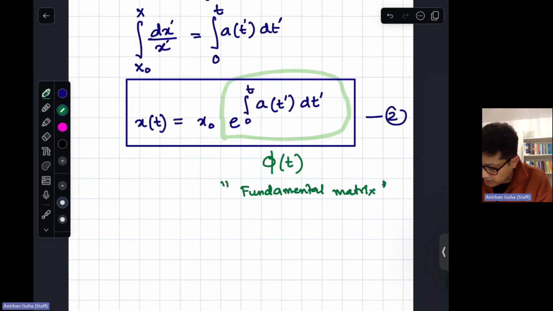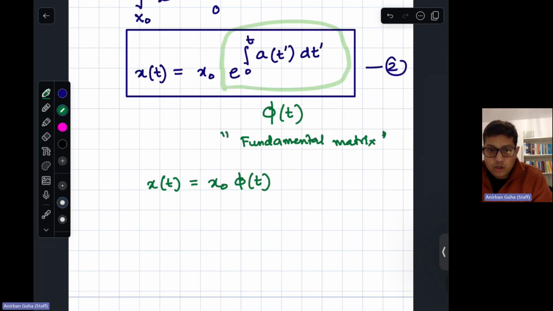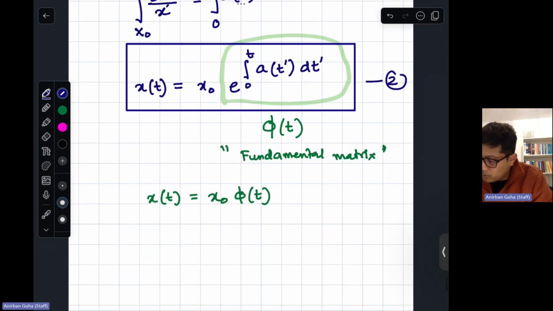In this situation this is a scalar, but you'll see that this kind of format will be repeated every time, and it's most easily understandable in this 1D system, right? So let's try to take an example where a(t) is cosine t.